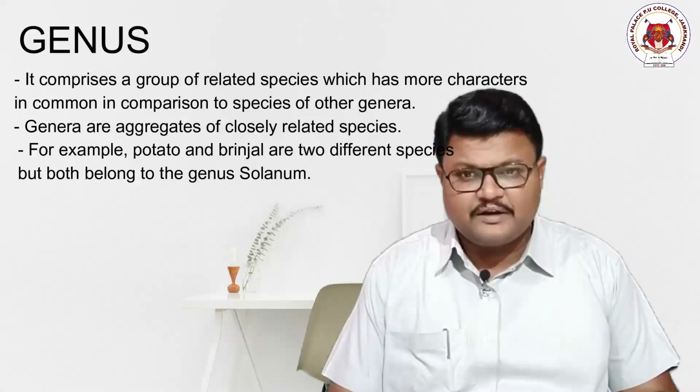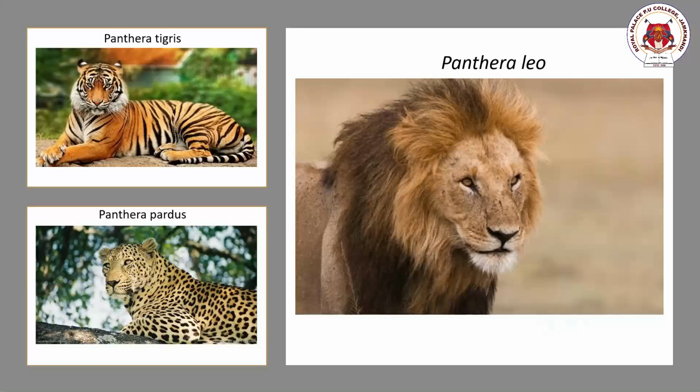I can go for another example connecting to the animals also. Let us go with respect to the Panthera genus. The lion's biological name is Panthera leo. Leopard's biological name is Panthera pardus. Likewise, the third one, the tiger's biological name, is Panthera tigris.